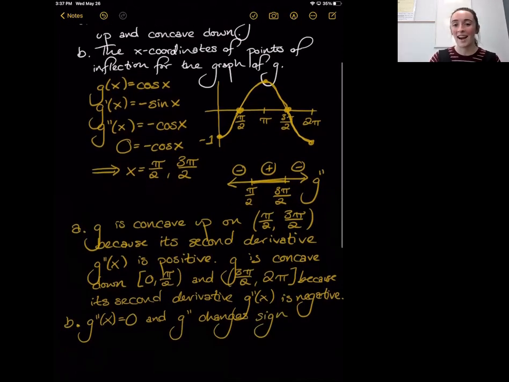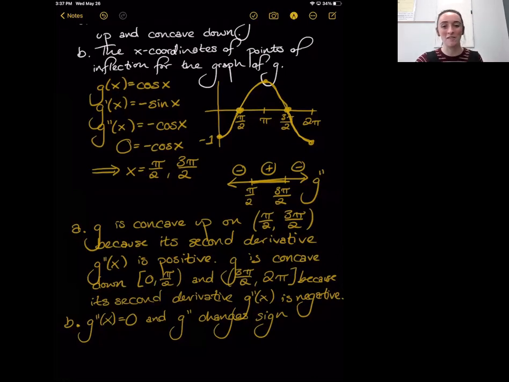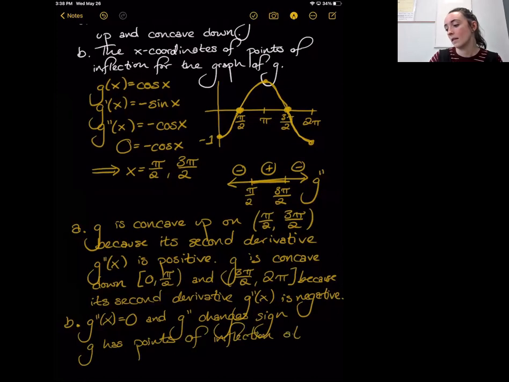So again, looking at our number line or at our graph, we can see that the second derivative is equal to 0 and changes sign at x equals pi over 2, and x equals 3 pi over 2. So g has points of inflection at those 2 points, x equals pi over 2 and 3 pi over 2.